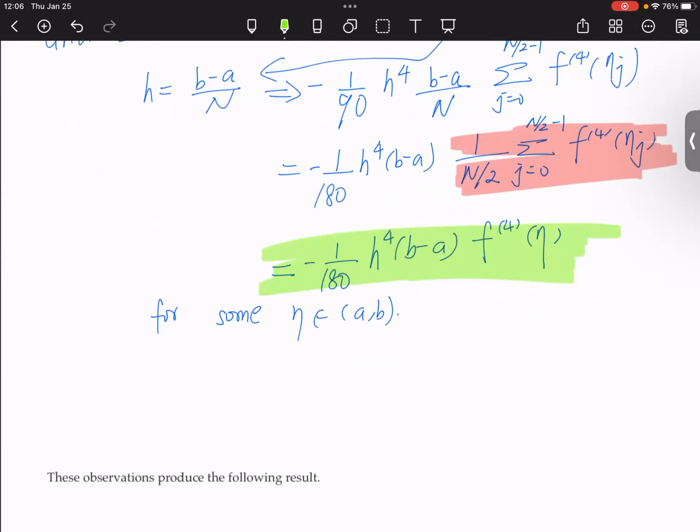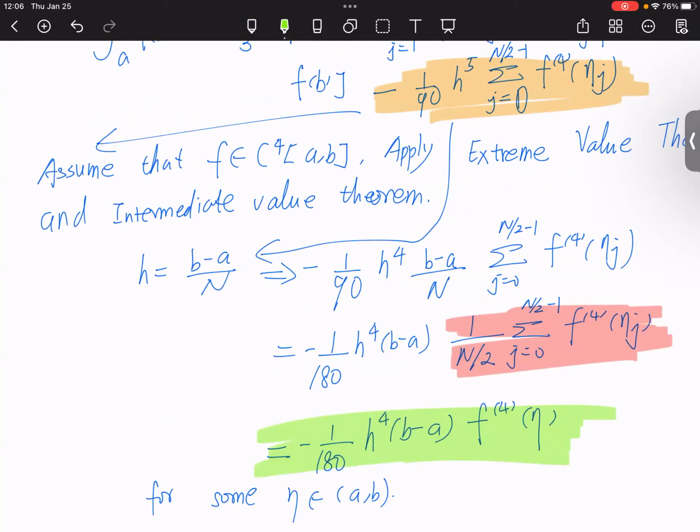And as you can see here, we need to assume that this function is fourth continuous on that interval, because we want to apply the extreme value theorem and intermediate value theorem to get the common eta. When you are doing some mathematics theorem, you want to prove something, and you are using some theorem there, and in that theorem, you are using some assumption.